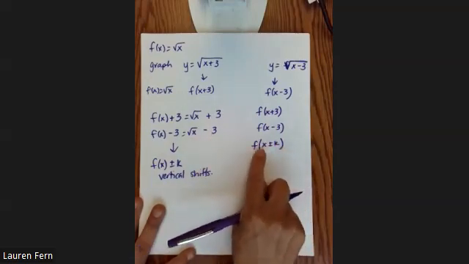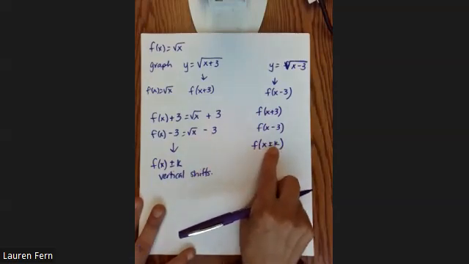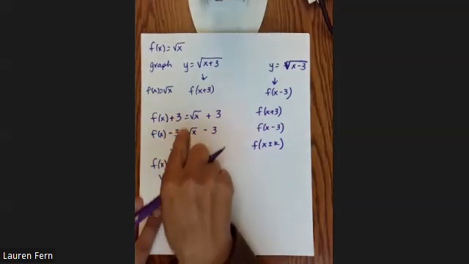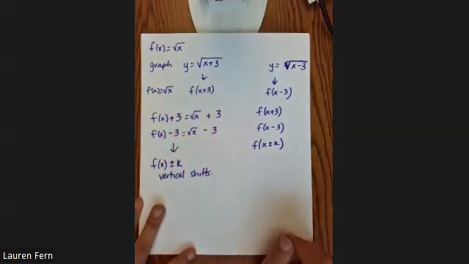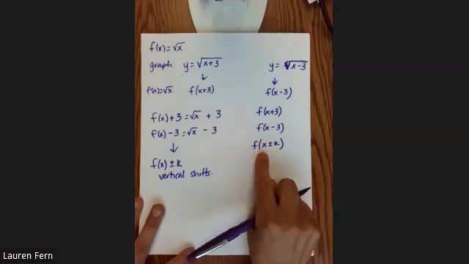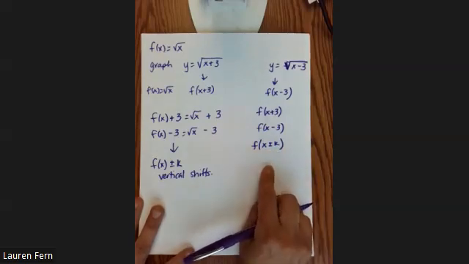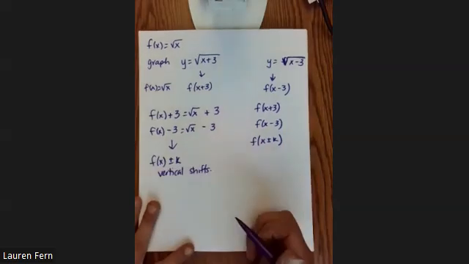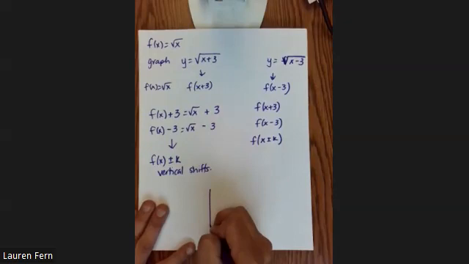In other words, my input is being affected, whereas here we took our output and tweaked that slightly. Does anyone have an idea of what happens with these? Okay, well, I do.